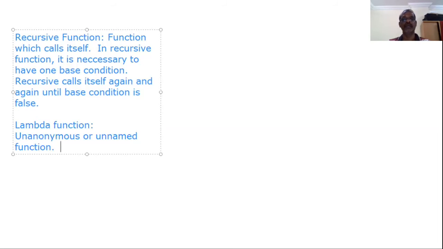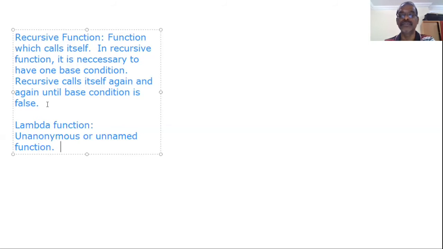So in the remaining three, for example user-defined function, built-in function, as well as recursive function, we have a function name, and it is defined by the keyword def. Whereas in a lambda function, we are not using any function name. Without a function name, we can create one function.